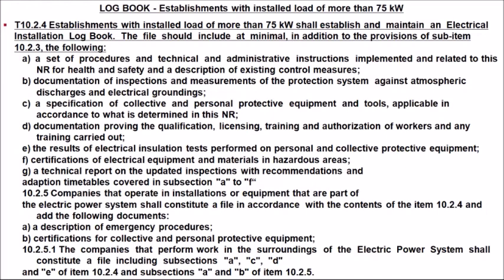B. Documentation of inspections and measurements of the protection system against atmospheric discharges and electrical groundings. C. A specification of collective and personal protective equipment and tools applicable in accordance to what is determined in this NR. D. Documentation proving the qualification, licensing, training, and authorization of workers and any training carried out.